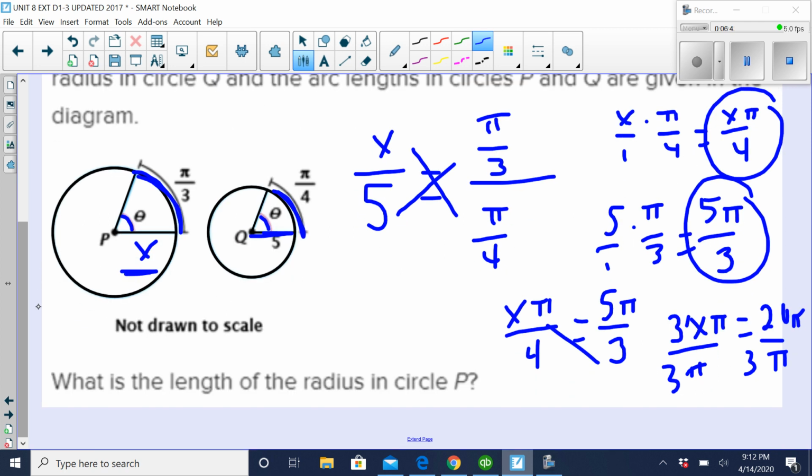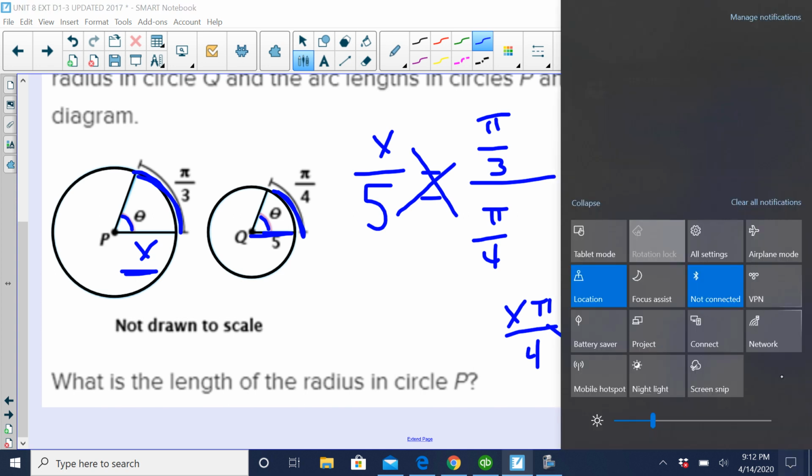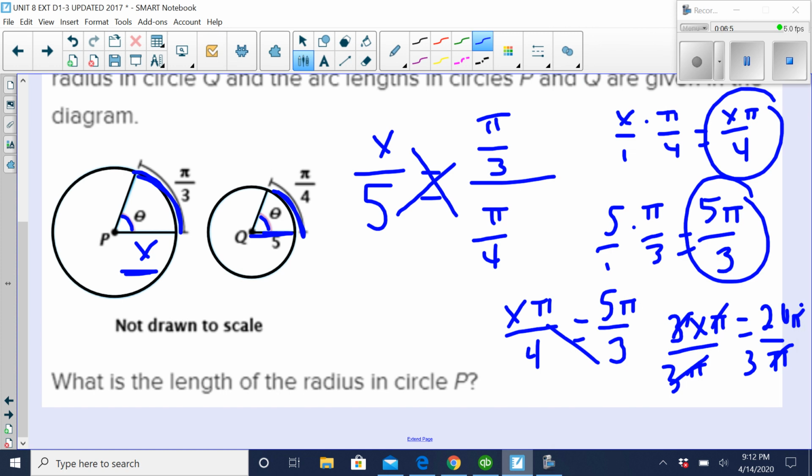My goal is to get x on a side by itself. So the 3 pi would cancel. Over here, the pi's would cancel. So I could just say x is equal to 20 over 3. And if I change that to a decimal, I believe I get 6.666. I think so. Okay. And that is what we end up with for our answer.